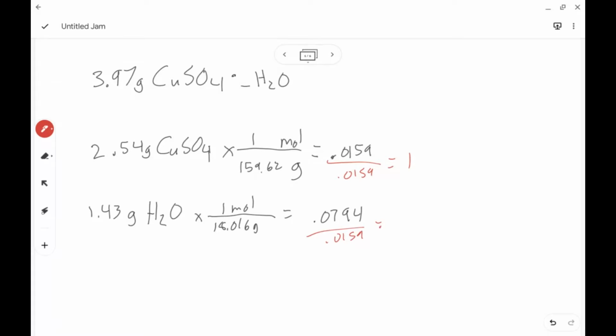And I'm getting essentially 4.99. That's basically 5. So this is CuSO4·5H2O, or copper 2 sulfate pentahydrate. So that's how you actually work through a hydrate problem.